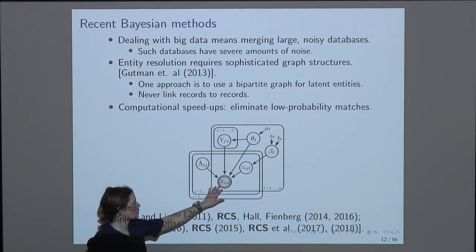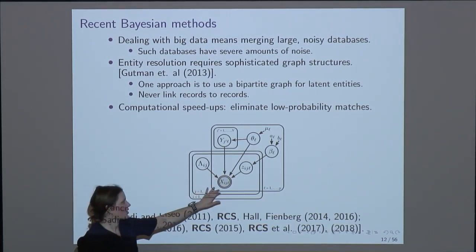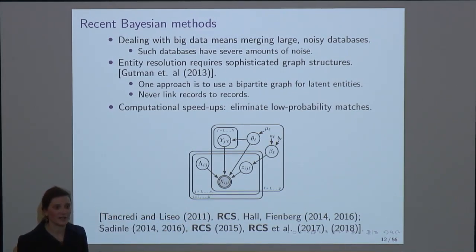If it is categorical, it would be categorical with parameter theta L, for example, if the data is anonymized health data. It could be a much more complicated likelihood function if it has string and textual data in it. So that likelihood can change, and also the distribution on the latent entity can change.